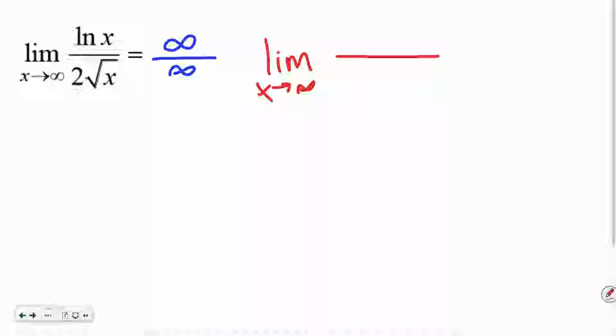What's the derivative of the natural log? 2 radical x is like 2x to the 1/2, so it becomes x to the negative 1/2. I would encourage you to simplify before you try to evaluate the limit again. I have 1 over x divided by 1 over radical x.